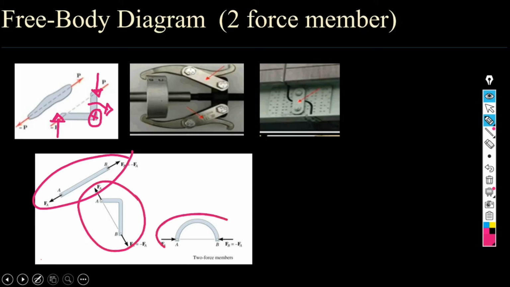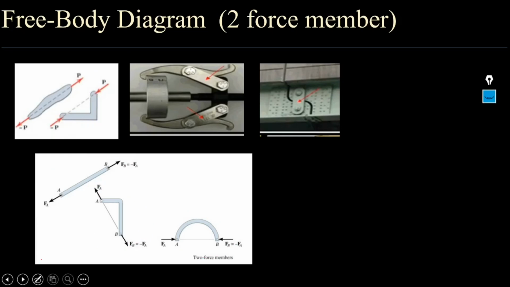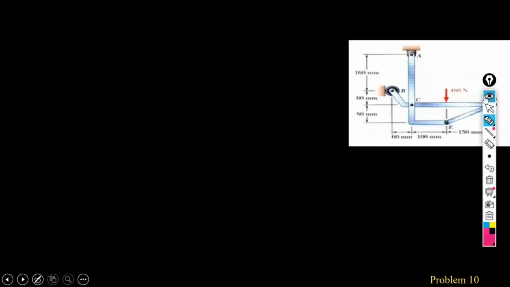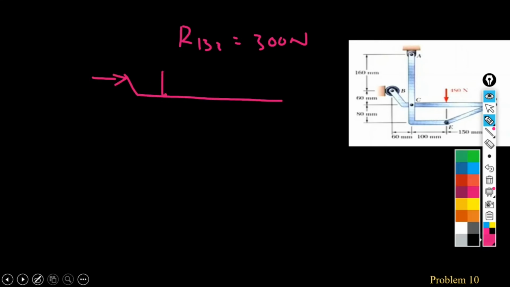The reaction forces from the previous problem: RBX is equal to 300 newtons. Let's draw the free body diagram for the link BCD. This is BCD, this is reaction RBX, and at pin C we have two reaction forces.